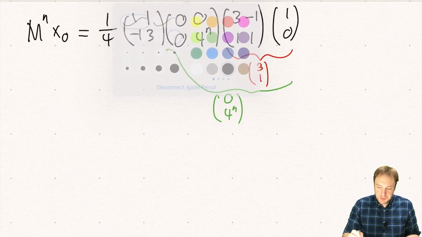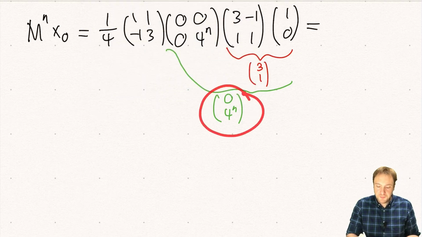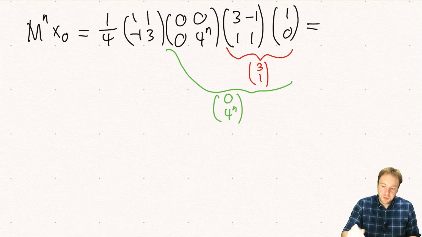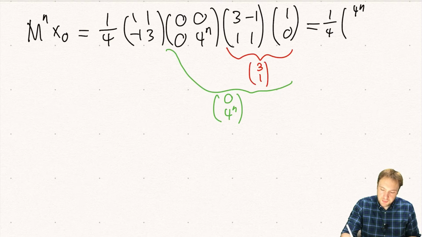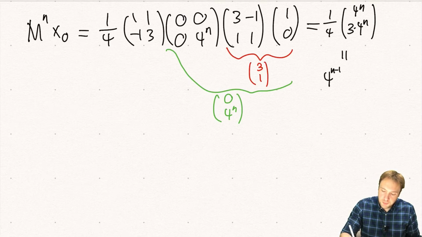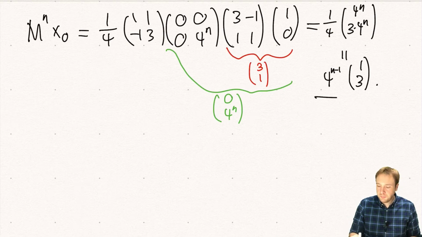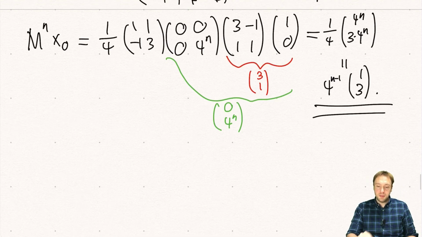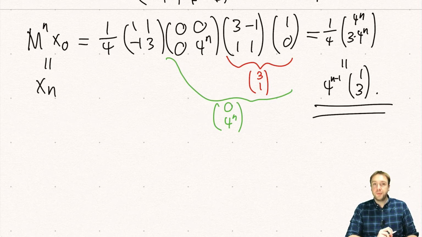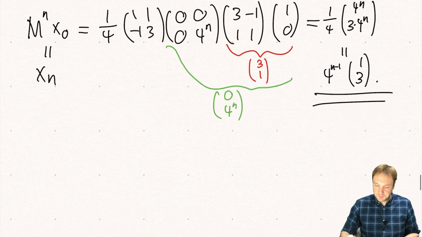And then in the end, if we multiply this vector with this matrix, the first column doesn't play any role, and we just multiply (1, 3) with this 4 to the n, so we get 1 over 4 times 4 to the n, and here it's 3 times 4 to the n. So we can put this 4 to the n in front and get 4 to the n minus 1, times (1, 3). And this is our end result, because this is now xn. Okay, so that's this.